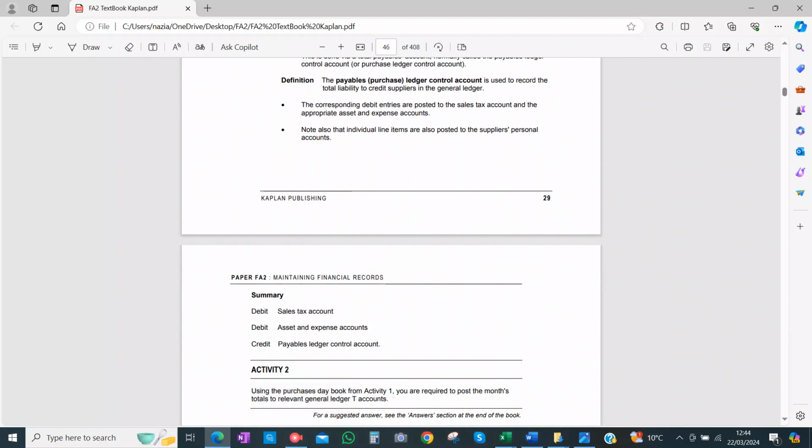Before that, I would like you to go through the notes of FA2. If you can download the FA2 book or buy it online, this is for the ACCA syllabus, and I would say it is a very thorough syllabus if you are studying any field of study, or if you are utilizing these classes for your business, where you are working as an accountant or assistant accountant.